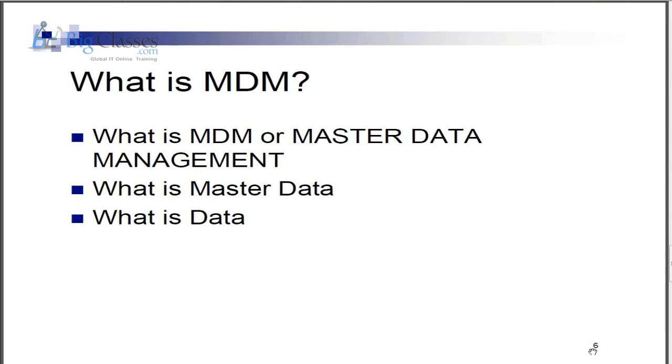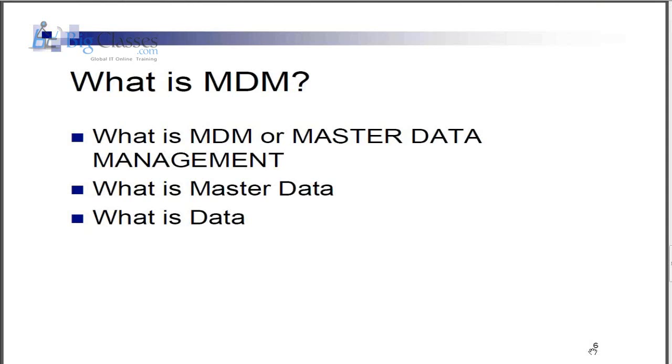First of all, we have to understand what is master data, and to understand that we have to understand what is data. You guys know actually what is data, but let me repeat. Everything that you see is information, that is data. You log into your laptop, that's audio, video information. You open a movie, that's video data. You open an Excel sheet, that is again data. So everything in this world is data.